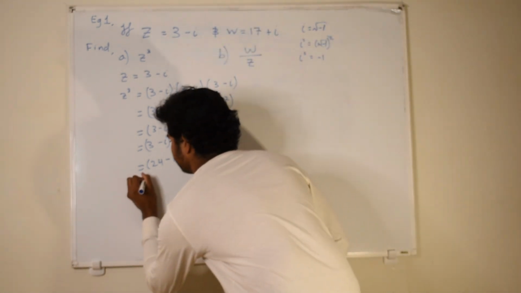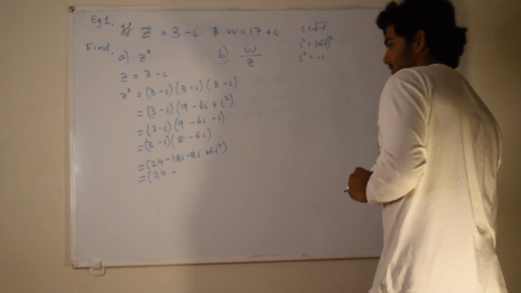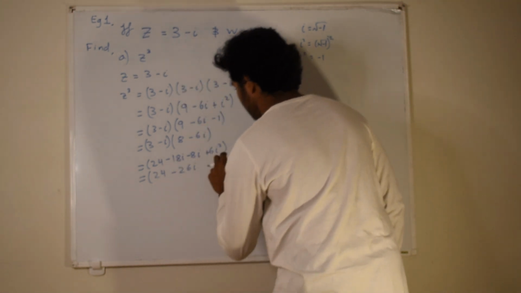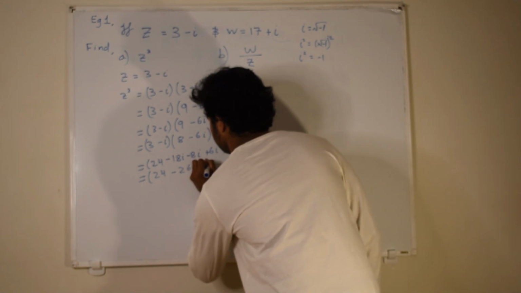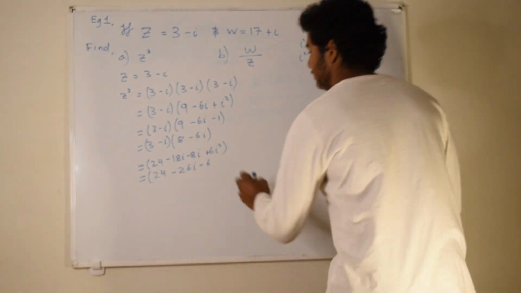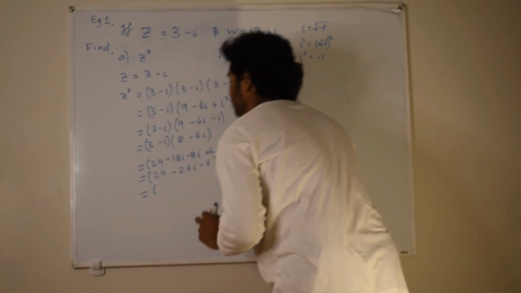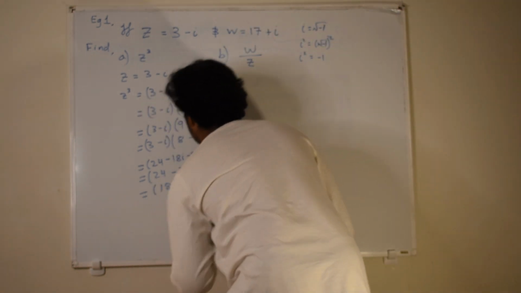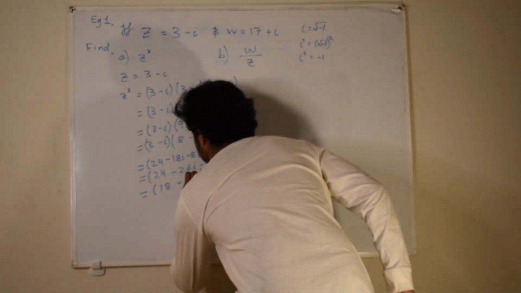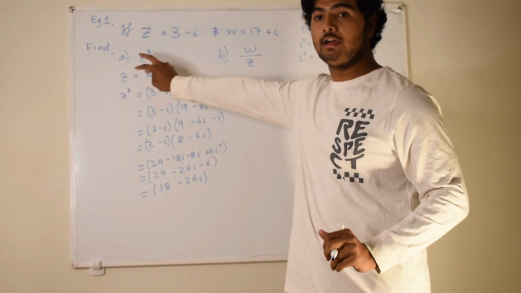So this then equals 24 minus 18i minus 8i, minus 26i, and then minus 6, because i squared becomes negative 1 times 6, positive 6 becomes negative 6. So the final answer equals 24 minus 6, which is 18, minus 26i. So that's the answer for A.